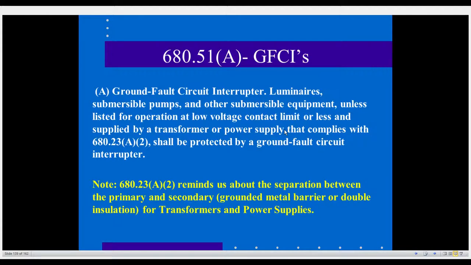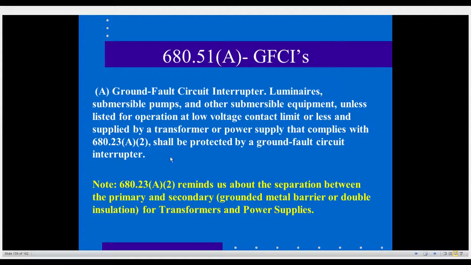This is not our 120 volt applications. These are low voltage contact limit devices, usually powered through a power supply or a transformer with an insulated primary to secondary, or a metal barrier that is a grounded insulator. And that's what we're talking about here in 680.23(A)(2), which talks about the construction of how to achieve that with a transformer or power supply.